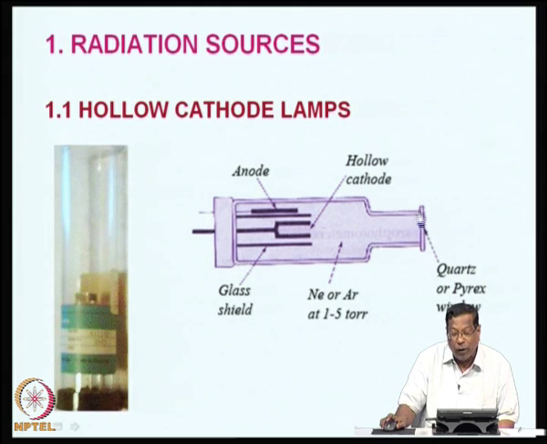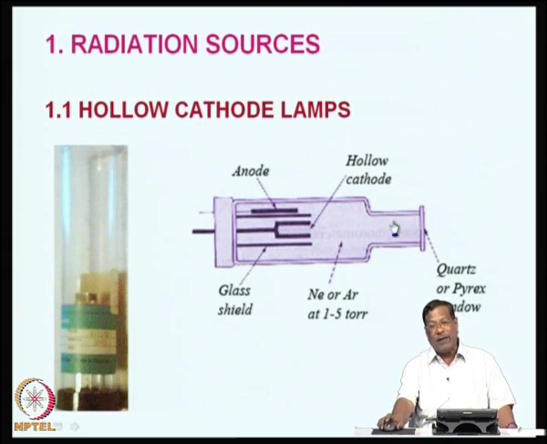This is made of quartz, because the radiation coming out of a hollow cathode lamp usually contains ultraviolet lines. So, if we use glass, the radiation will be absorbed by the glass.